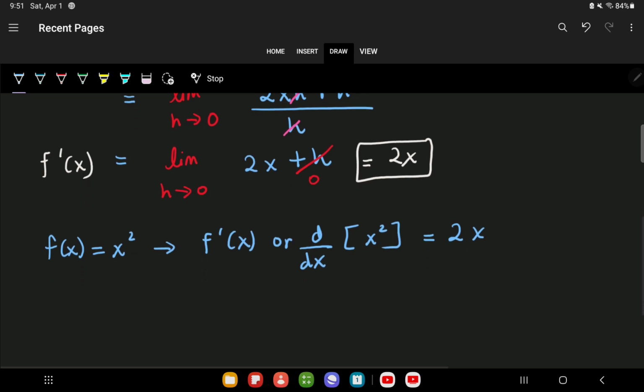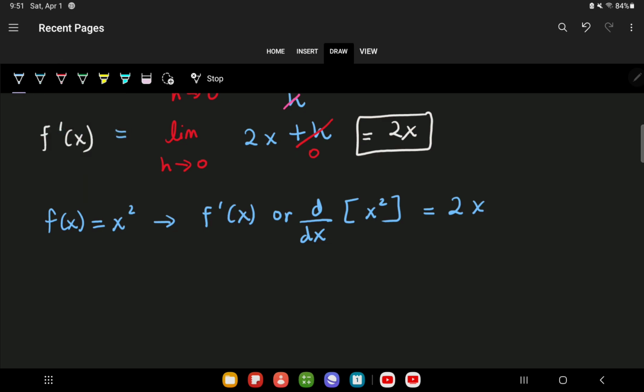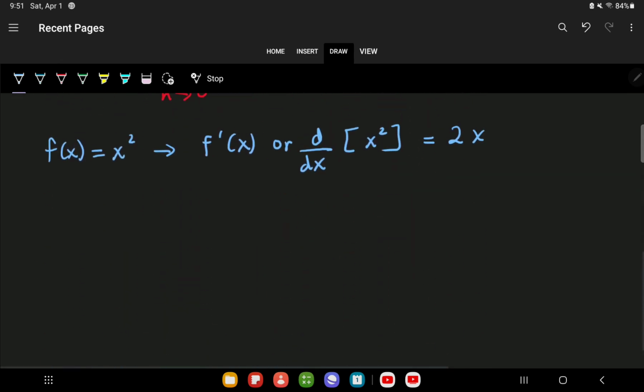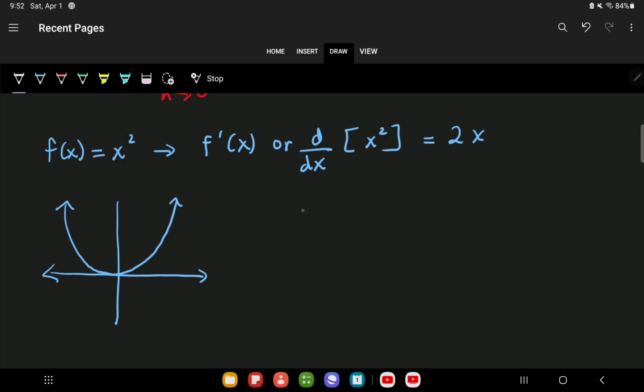Now what does that mean? Let's compute some values. Let me draw that graph again of the parabola. Okay, and let's plug in some values.